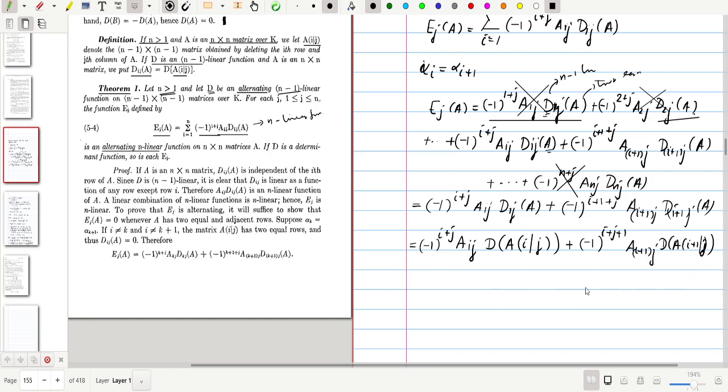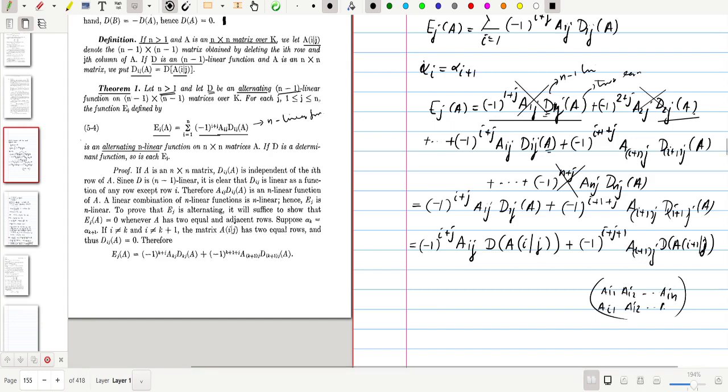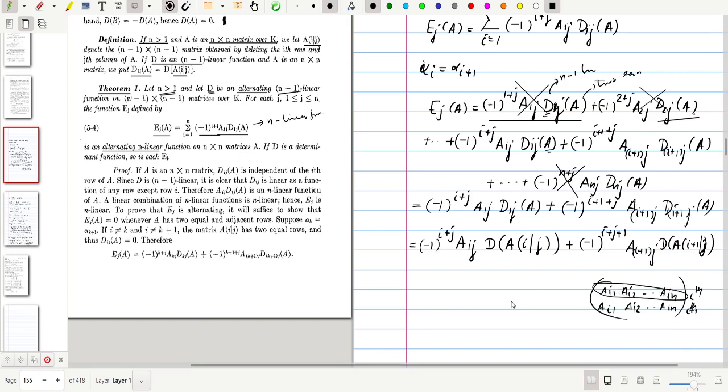That means when you consider a matrix A whose ith row is a_i1, a_i2, etc., a_in, the (i plus 1)th row is the same thing, a_i1, a_i2, etc., a_in. So this is the ith row and this is the (i plus 1)th row. When you remove the ith row from this matrix, you get a new matrix that is the same as the one obtained by removing the other.